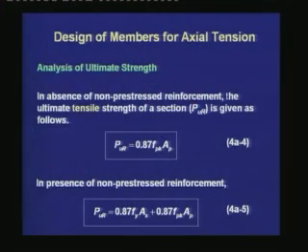If there is non-prestressed reinforcement along with prestressing tendons, then the expression of Pur is equal to 0.87 fy times As plus 0.87 fpk times Ap.